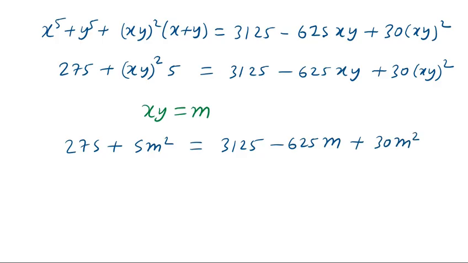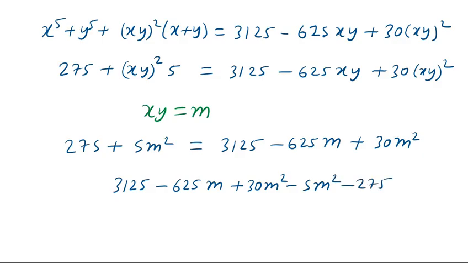So here 30m square. Now if we take all the expressions on the same side, then in the left hand side 3125 minus 625 m plus 30m square minus 5m square minus 275, and this is equals to 0.